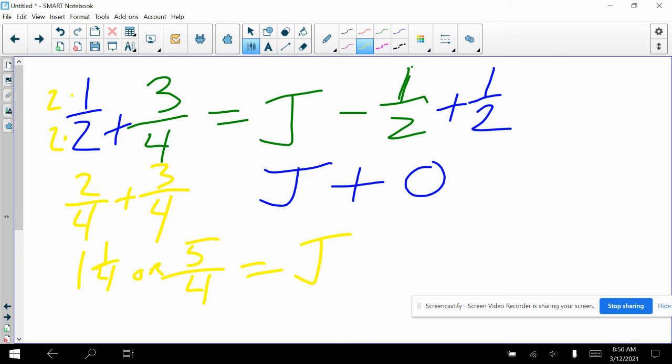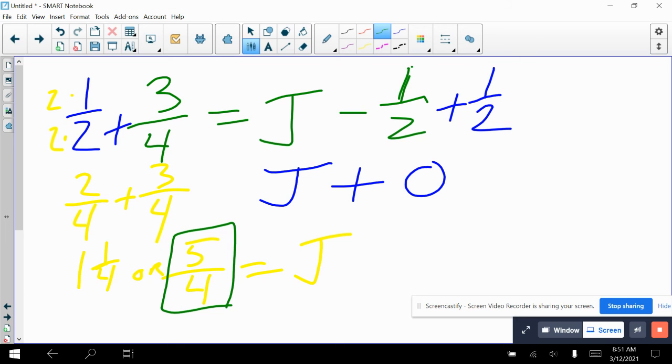Now here's what I will tell you when it comes to fractions. It's easier to check them if you leave it in improper fraction form. However, the answer, the solution, may be in mixed number form.